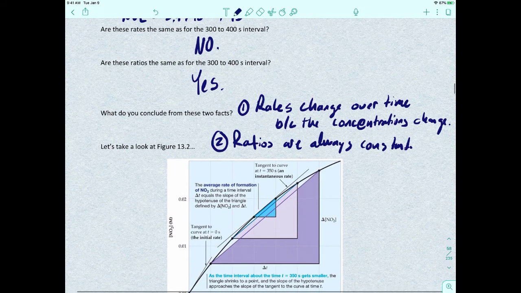All right, so in this figure, what we're doing is focusing on just one curve. In this case, we're looking at NO2.